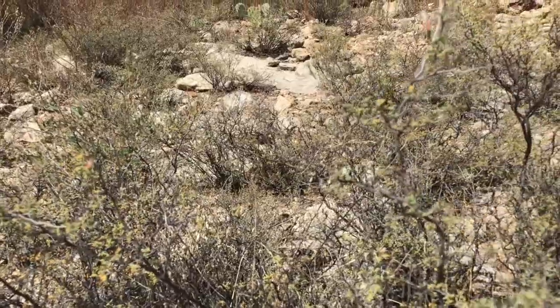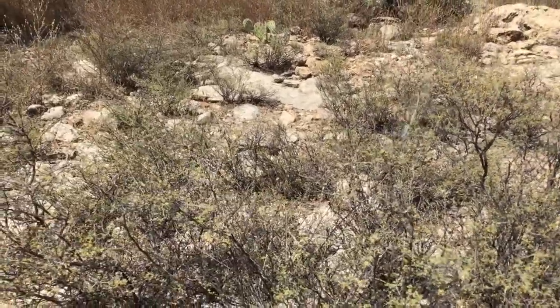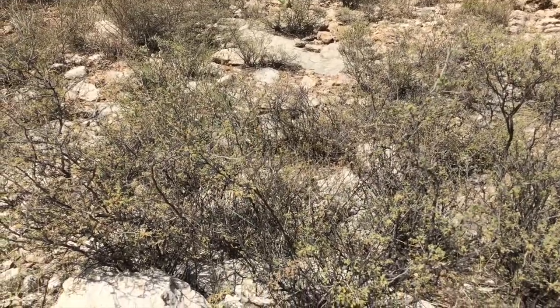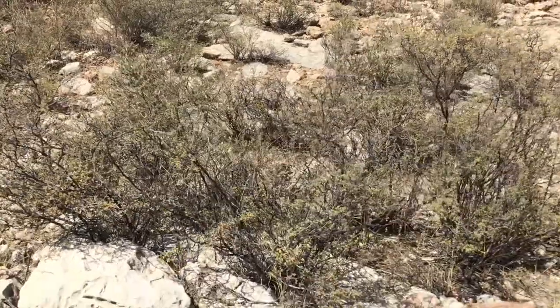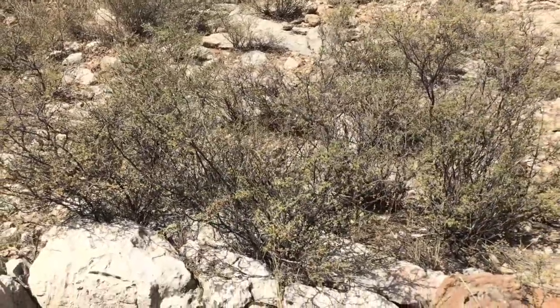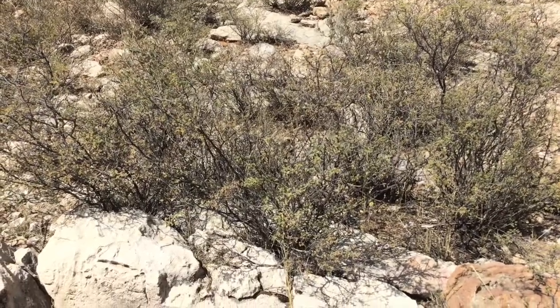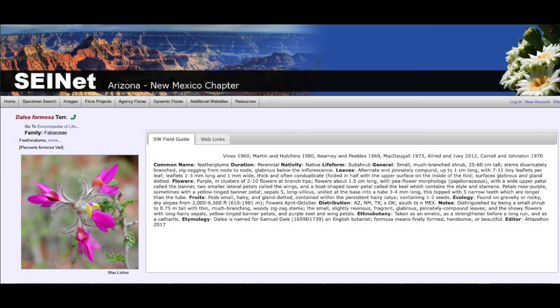It's just amazingly tiny, and of course that's an adaptation that's been selected for over long reaches of time to conserve water. And this plant is surviving in extremely arid climate right there on the Martin Formation, on this limestone formation. The plant is in the bean family, Fabaceae, and its scientific name is Dalea formosa.